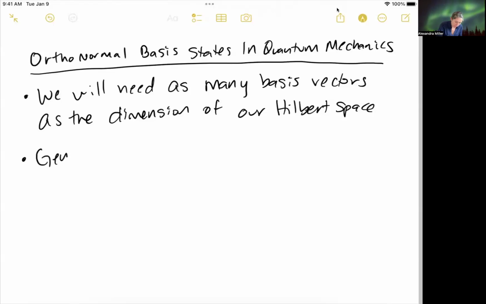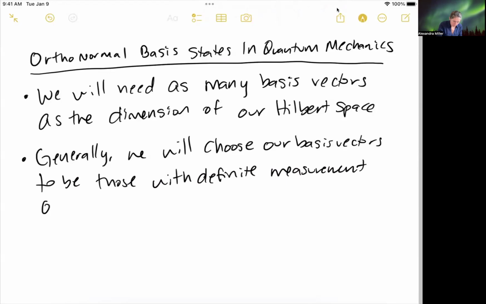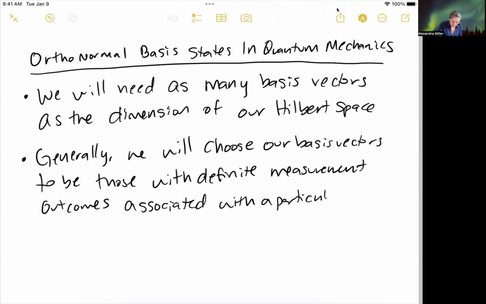So generally, we will choose, and this is a choice, but in quantum mechanics you almost always make this choice, our basis vectors to be those with definite measurement outcomes associated with a particular measurement.